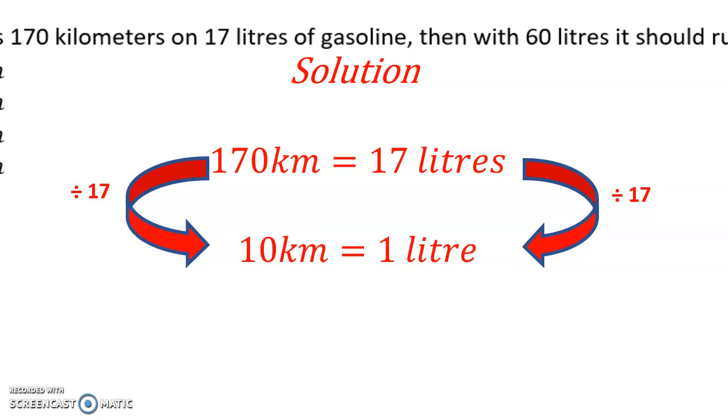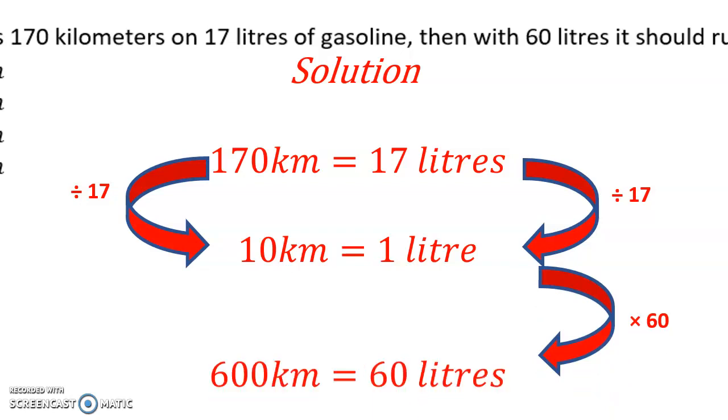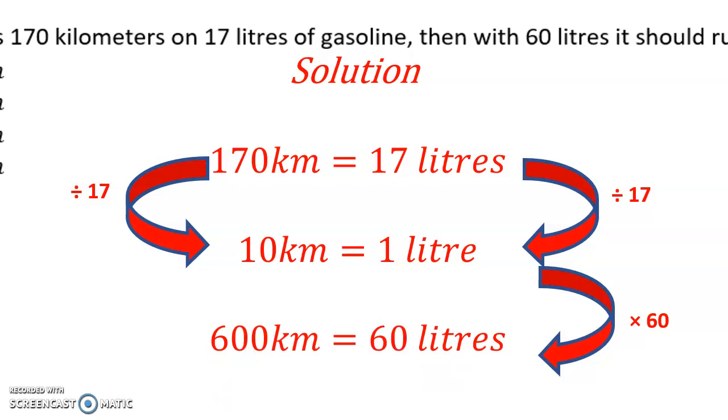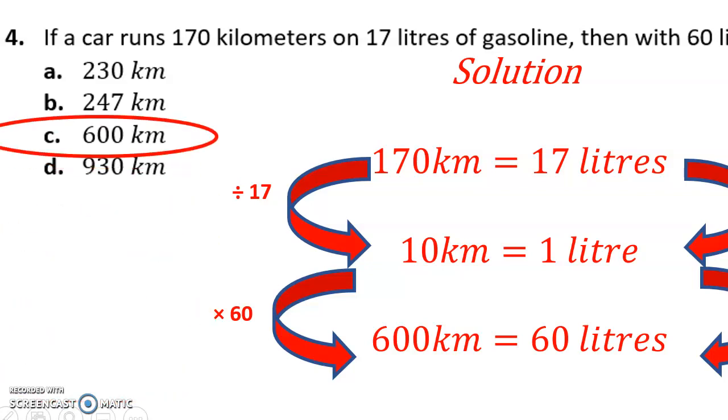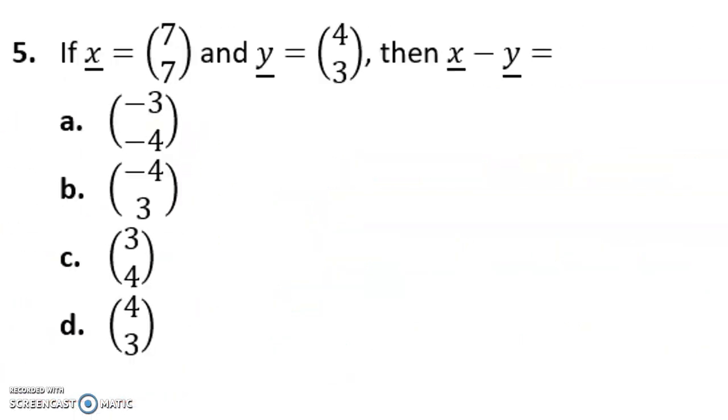So for 60 liters, we multiply by 60 on both sides, which gives us 600 kilometers. Then we come to our options, and that would be C. Alright, moving on.